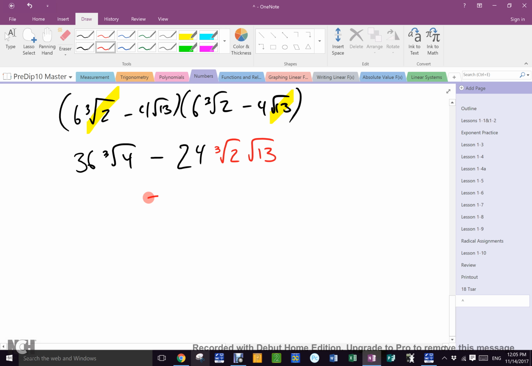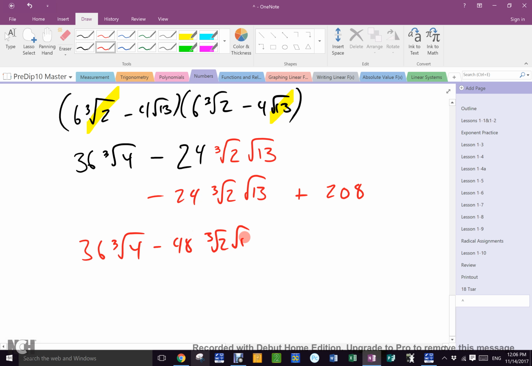Then you would do it again, minus 24 cube root 2 root 13 plus 4 times 4 is 16, root 13 times root 13 is 13, 16 times 13 is 208. So it would be 36 cube root 4 minus 48 cube root 2 root 13 plus 208. And that should be the answer in the answers. That's the answer. There you go.